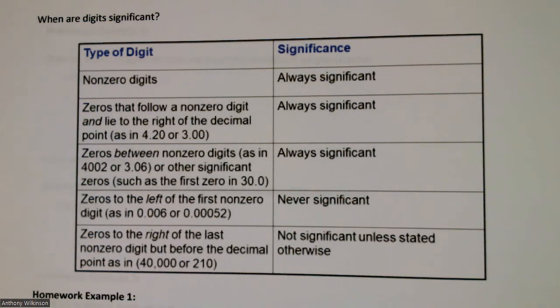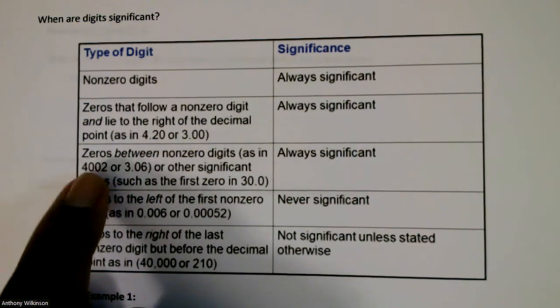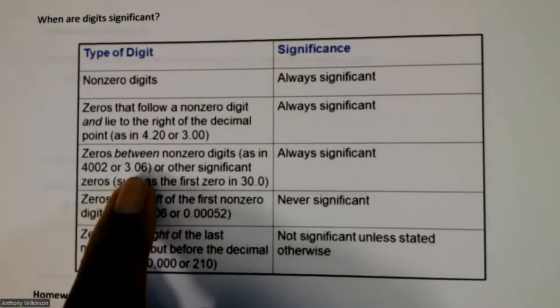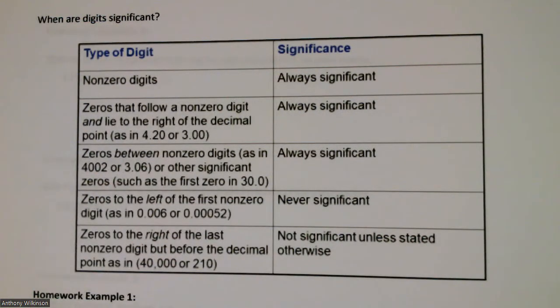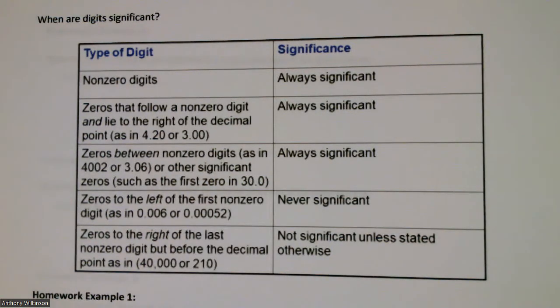Anytime you have zeros between non-zero digits or other significant zeros, they are significant. Like in 4002, the two zeros in between are significant. And in 3.06, that zero after the decimal point and in between those two non-zero numbers is significant. And then you have other significant zeros, such as the first zero in 30.0.